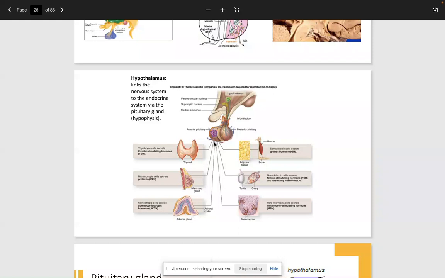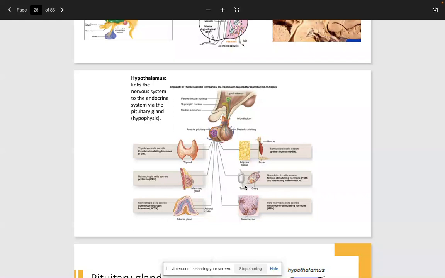Growth hormone is also secreted from the anterior pituitary. Growth hormone is responsible for the breakdown of fat, lipolysis, as well as building bone and building muscle. FSH and LH are responsible for the maturation of the ovaries as well as androgen and estrogen production.